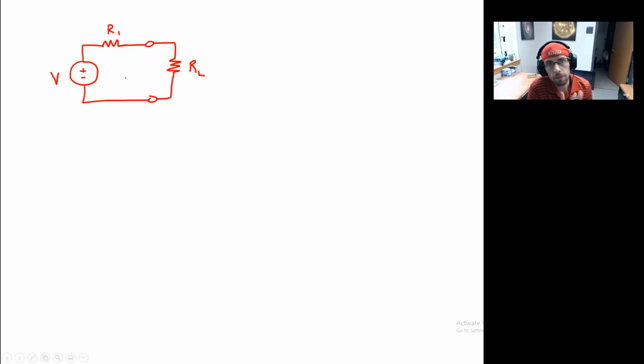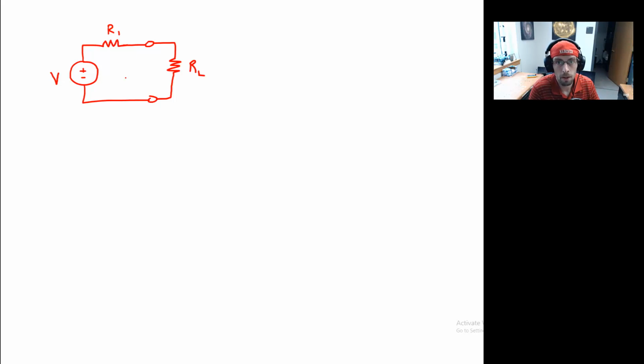Now what I want to emphasize here is that if we are analyzing the circuit to find out properties of RL, meaning how the load resistor is going to respond to the input, I don't really care how that input is produced. From the point of view of the load resistor, it needs to know two pieces of information: the potential drop across the load and the amount of current flowing through the load.